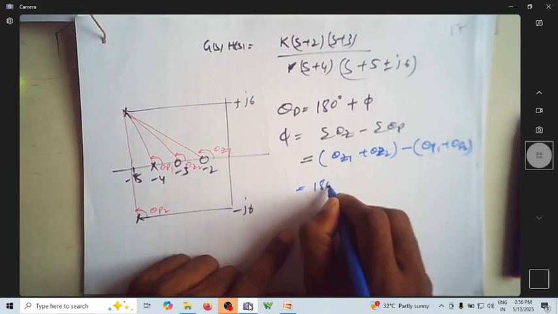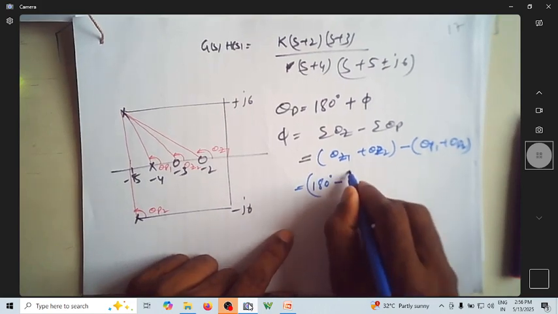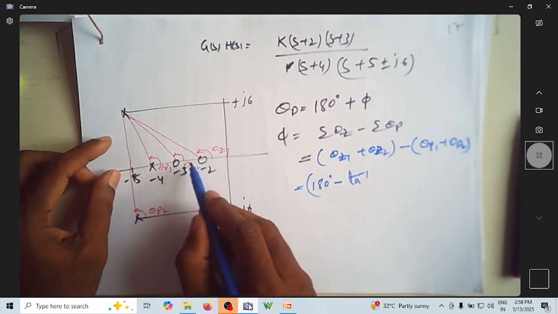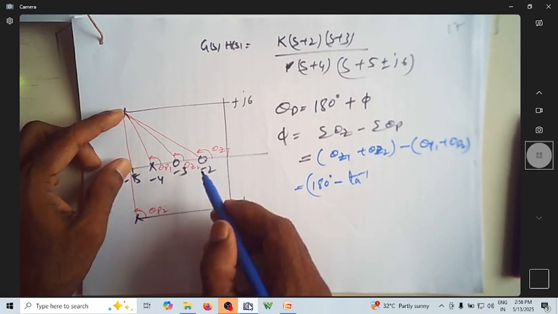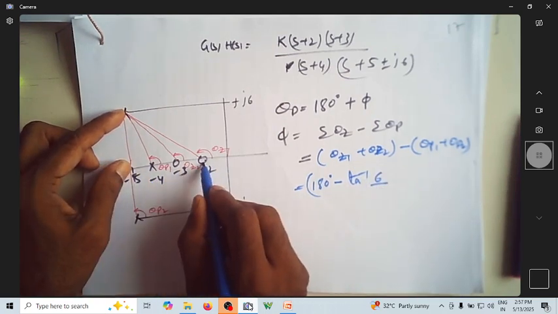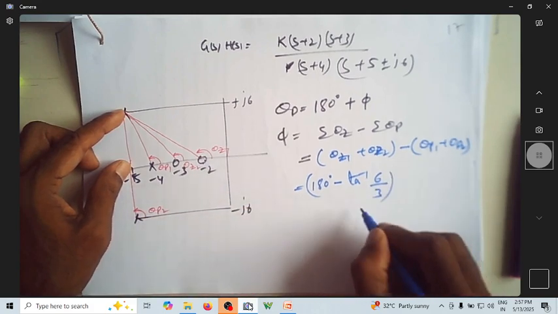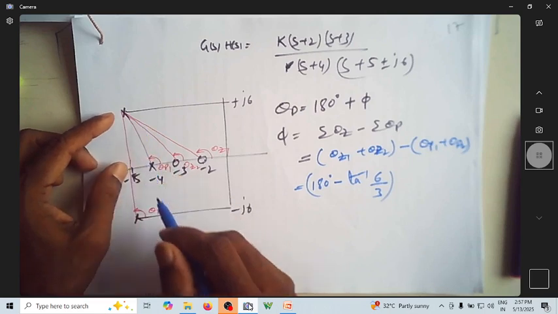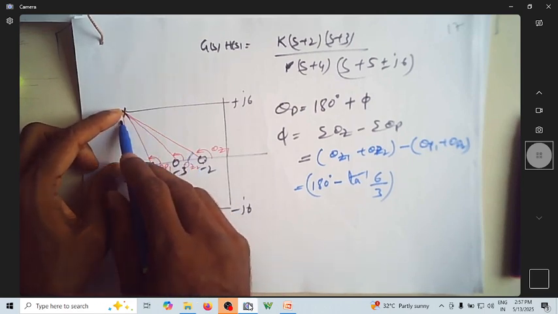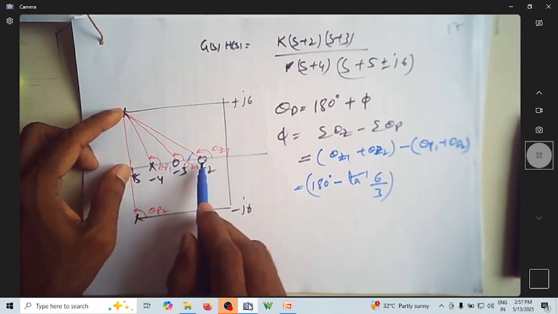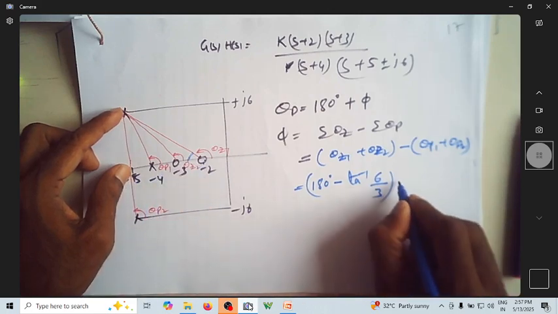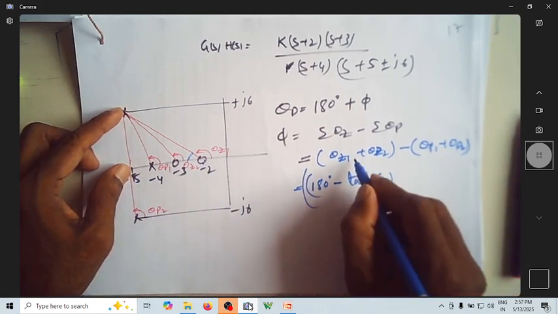It is 180 degrees minus tan inverse of, for this theta Z1, the height is 6, the difference is, here it is 5, here it is 2, the difference is 3. Here this is opposite to this angle. To this angle, the opposite is 6, the adjacent is from 2 to 5, which is 3. Again, this is theta Z1.